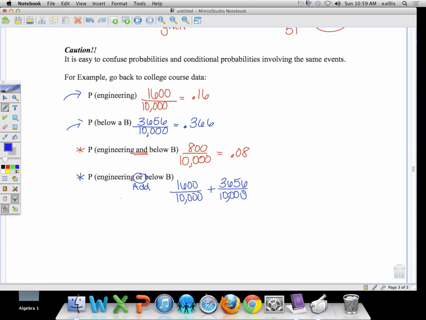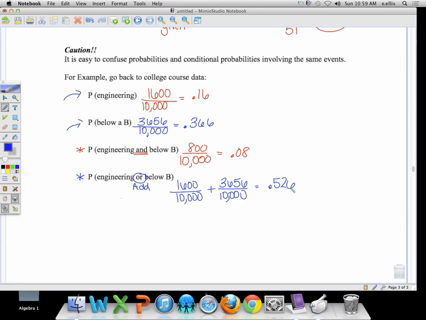You should know that you're setting it up right if your denominators are the same. You can't add unless you have kind of a common denominator. So if you add the 2 and divide, 0.526 is your probability.